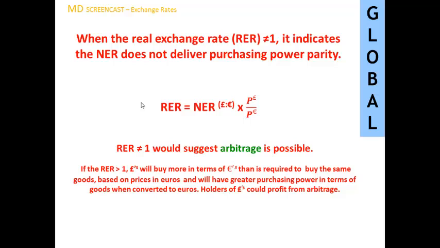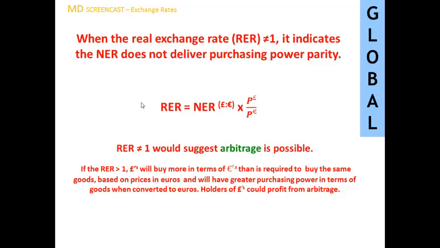So for example, now we're switching back to an example using the pound and the euro. If the real exchange rate for the pound is greater than 1, this means that pounds will buy more in terms of euros than is required to buy the same goods based on the prices of these goods in the two separate economies.